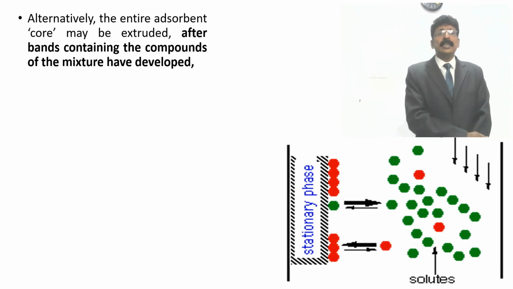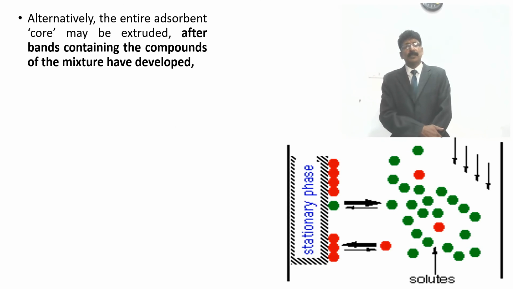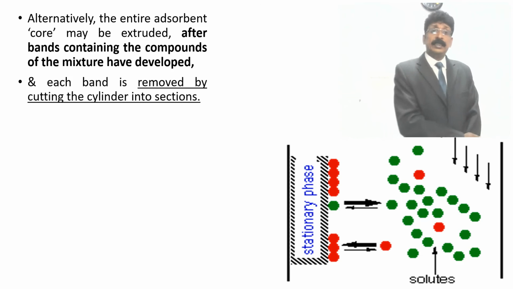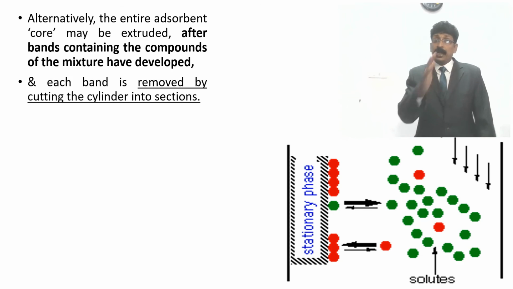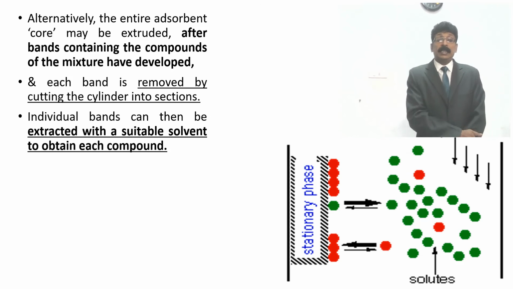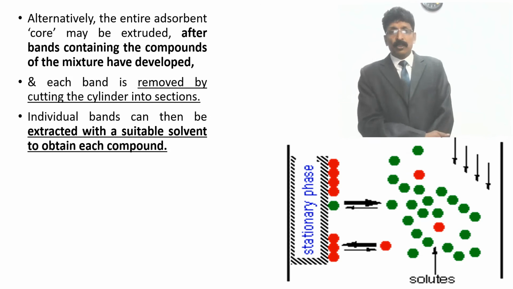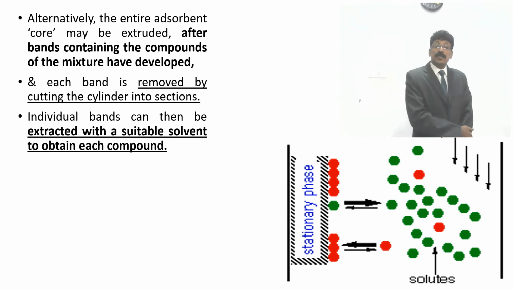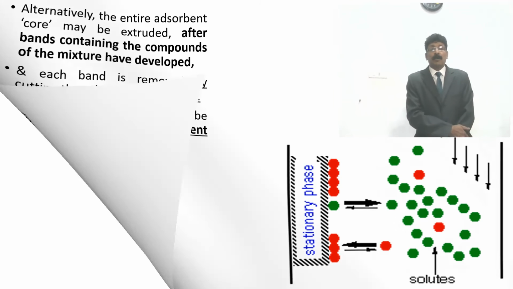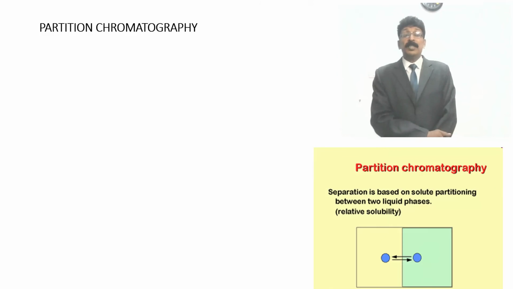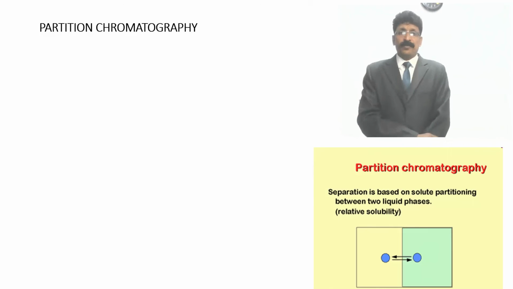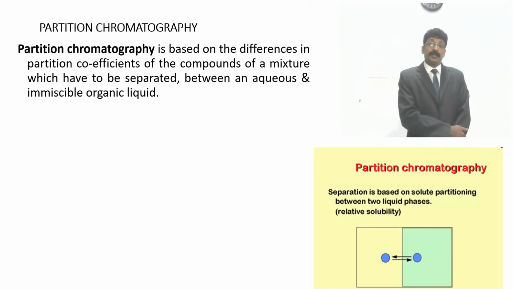Alternatively, the entire adsorbent core may be extruded, and after the bands containing the compounds of the mixture have developed, as we saw in the color, each band can be cut into pieces or removed as a cylinder, or solvents can be used for eluting. Individual bands can then be extracted with a suitable solvent to obtain each compound, and TLC can also be used for identification of compounds in column chromatography.